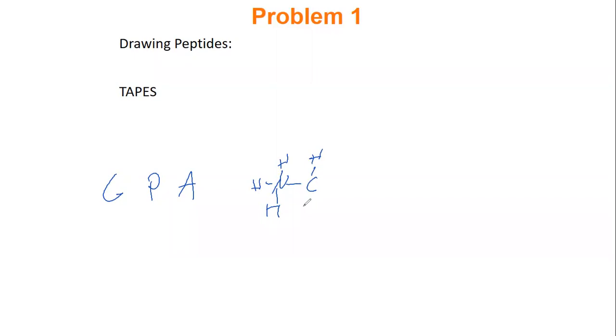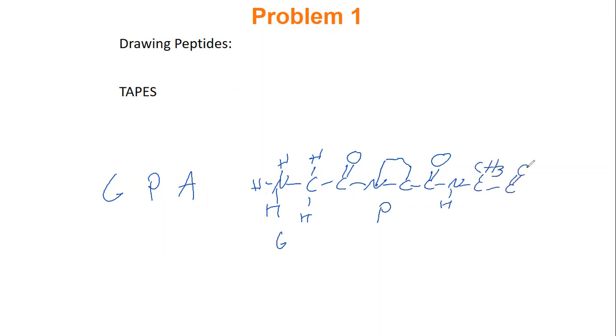Glycine is just a hydrogen, so hydrogen. Glycine done. Next amino acid, proline. Proline done. So that's G, that's P. That's alanine, A, GPA. So proline doesn't have this hydrogen right there. That's the only difference. It binds back on itself.